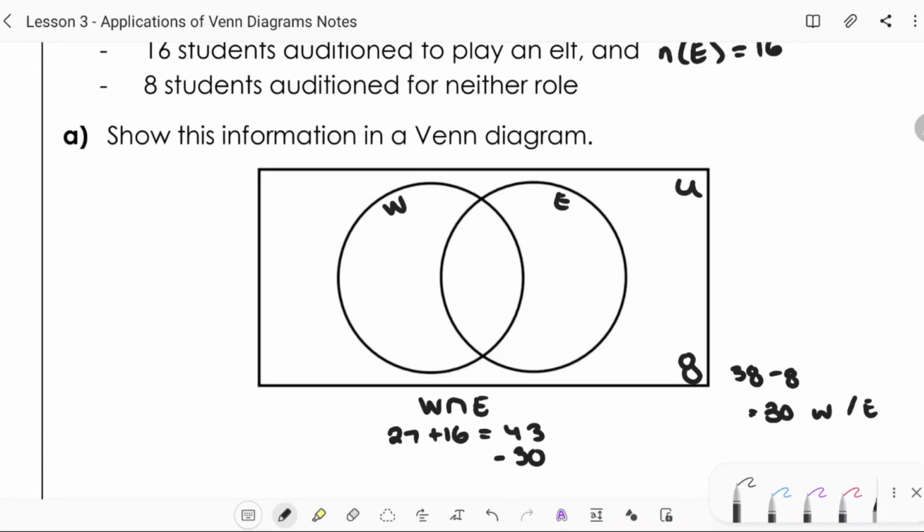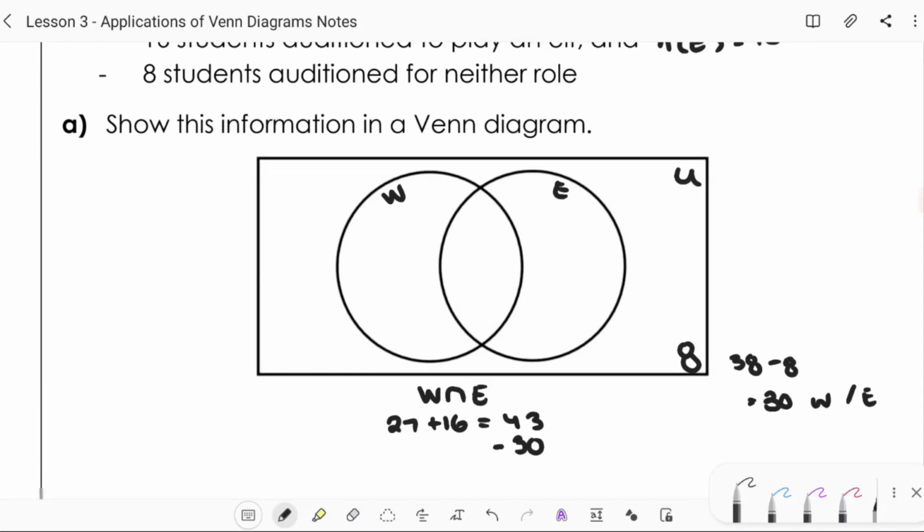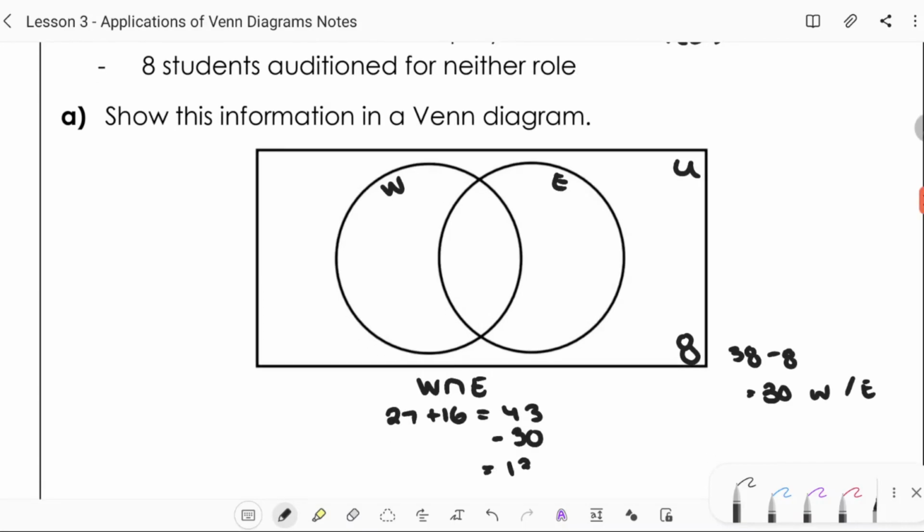Right, 43 auditions happened for wizards and elves. I know that 30 students auditioned there. So what I'm left with is the overlap. I'm left with the fact that 13 students auditioned for the role of wizard and for the role of elf. That can be a little tricky to think about, but I know that this 30 here is wizard union elf, because this whole set can only total to 38.